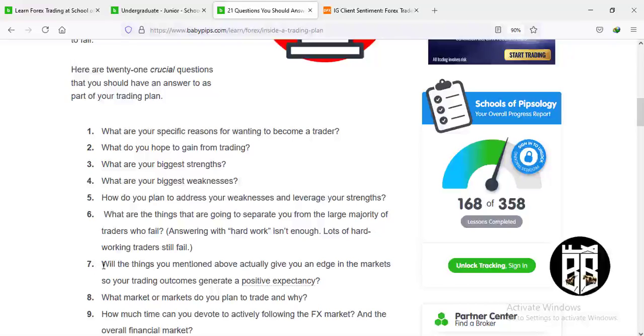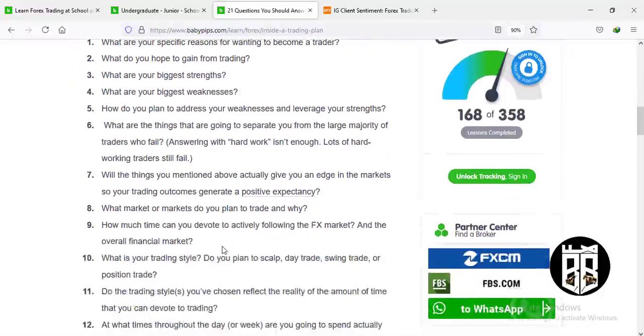Number 8 says, what market or markets do you plan to trade and why? Is it the US stock exchange? Is it the British stock exchange? Is it the Asian session you plan to trade and why?